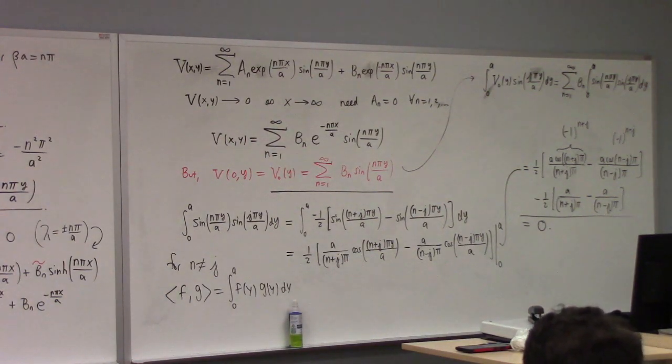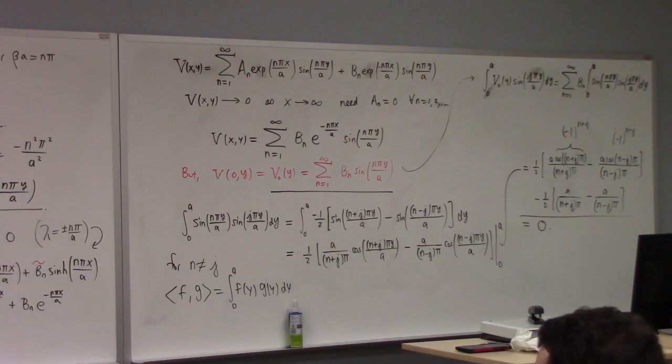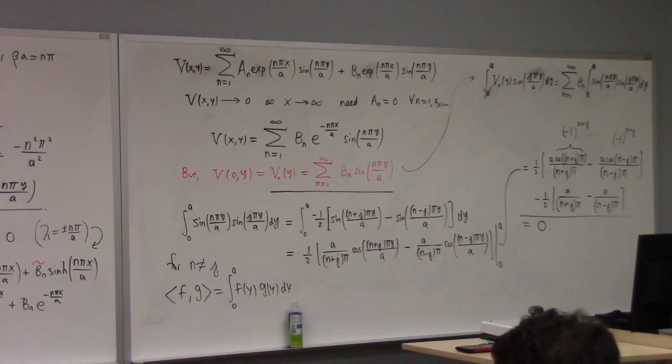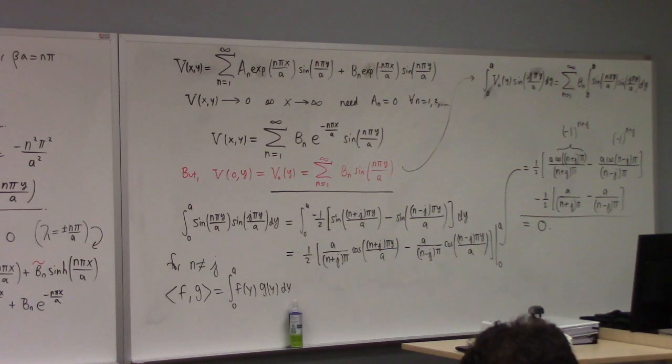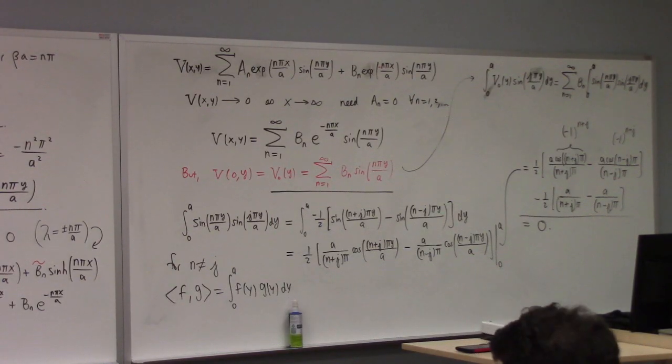So if they're equal, we're up against the integral from 0 to a of sine squared of n pi y over a dy, which is the integral from 0 to a of 1/2 of 1 minus the cosine of 2n pi y over a dy.